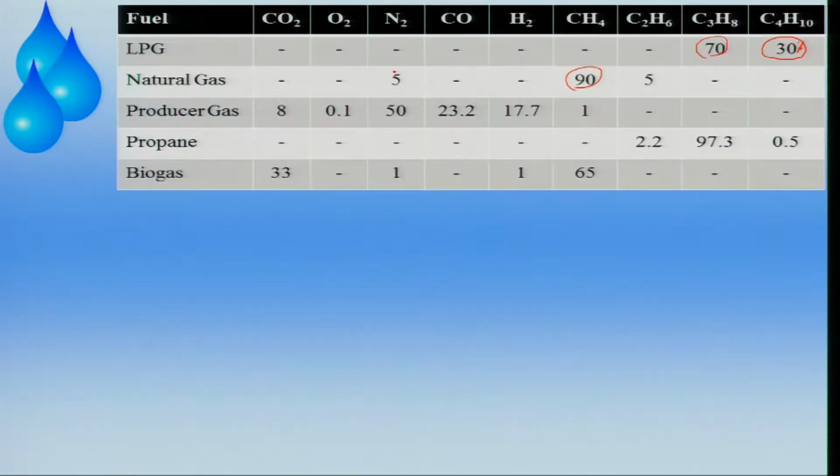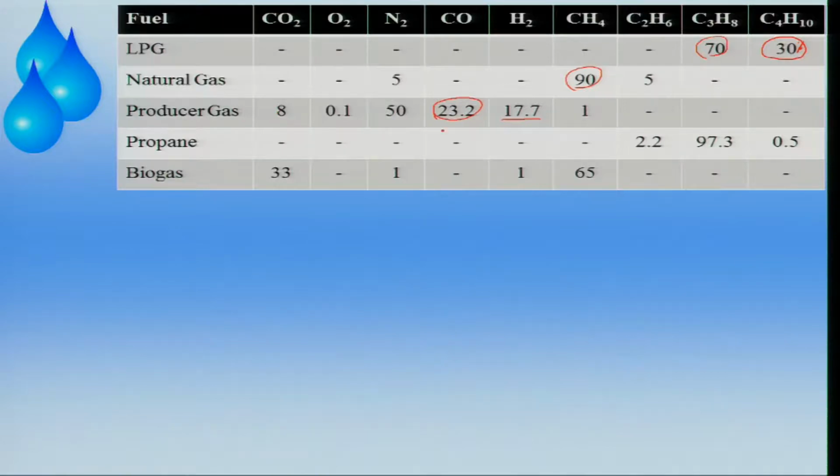Similarly, the producer gas contains basically CO. CO is a fuel, am I right, and it also contains hydrogen, and the rest of the things are not really part of the fuel, like 50% nitrogen, 0.1% oxygen and 8% CO2.